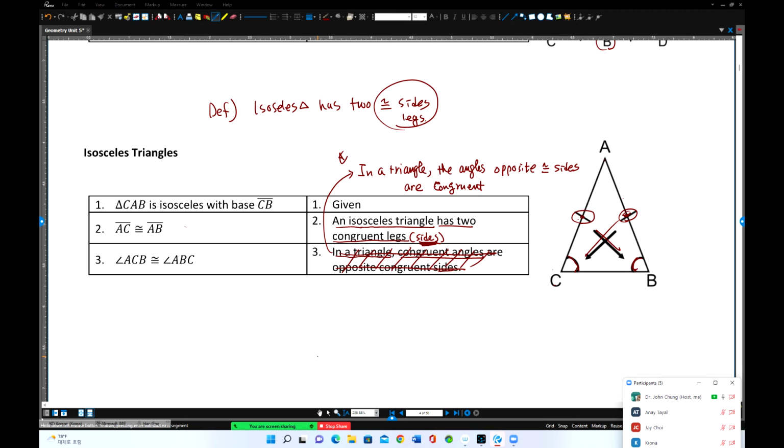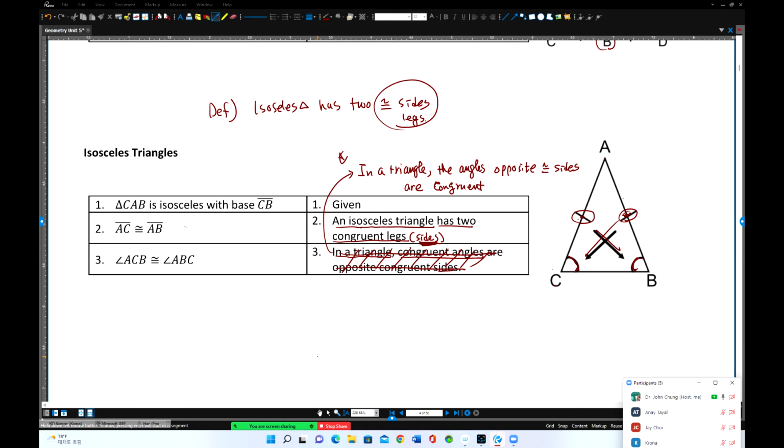All right, isosceles. The definition of isosceles is two congruent sides. An isosceles triangle has two congruent sides, not angles. That is the original definition of isosceles.